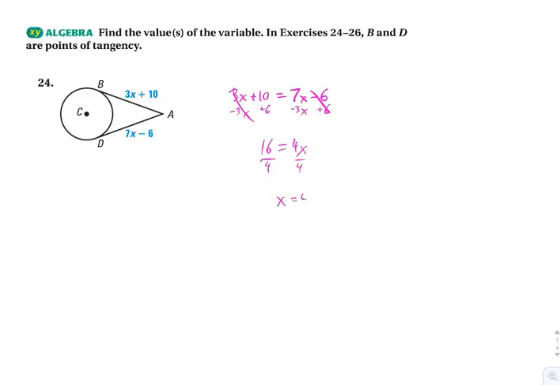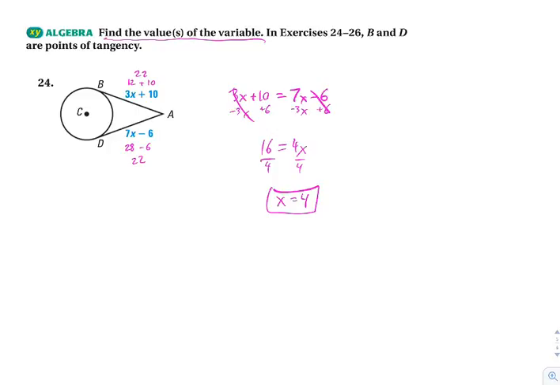So we've got x equals 4, and again, just to double check, find the value of the variable. Okay, so we did find the variable. Just plugging this in really quick, we get a positive side length, and we get a positive side length. If we did everything right, they should be congruent, so it all checked out.